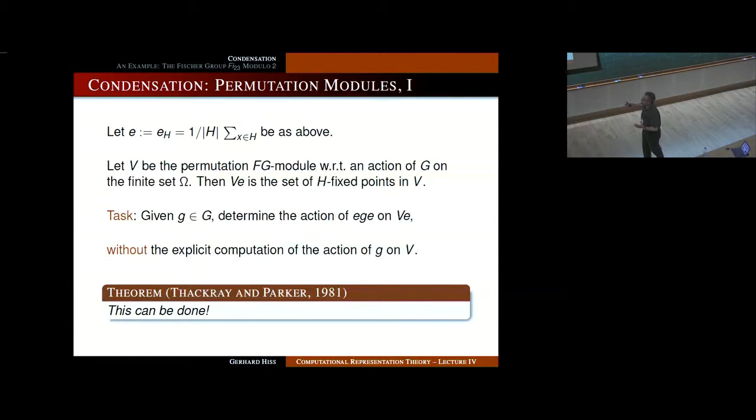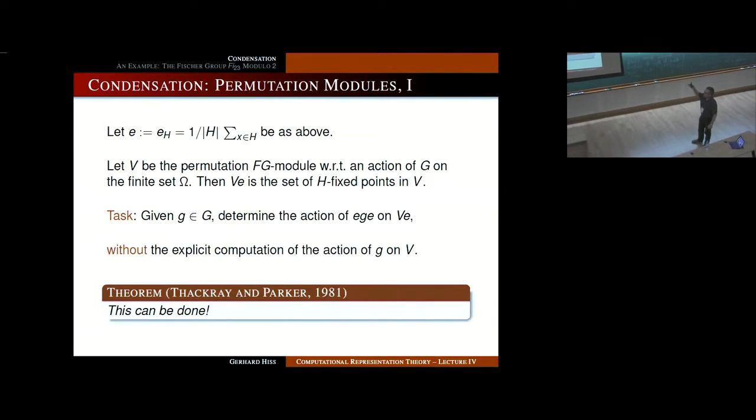I think this was the beginning of condensation back in 1980 or 81. I think Parker had the ideas, and Thackray wrote them down in proper mathematical language and implemented the method. And the first modules they applied this condensation to were permutation modules.